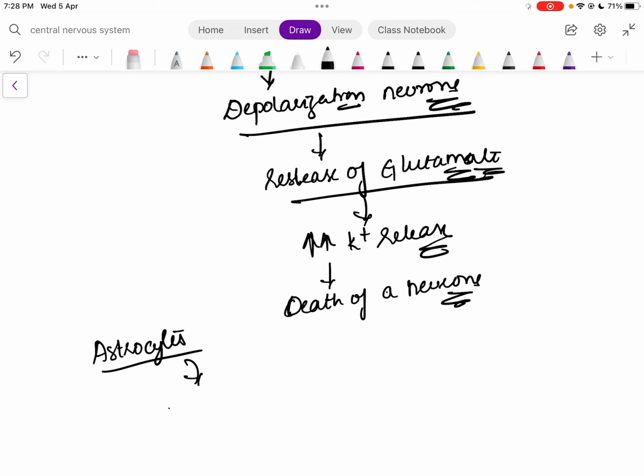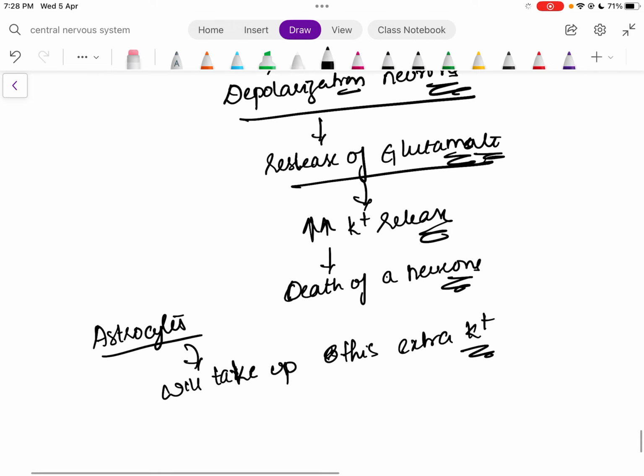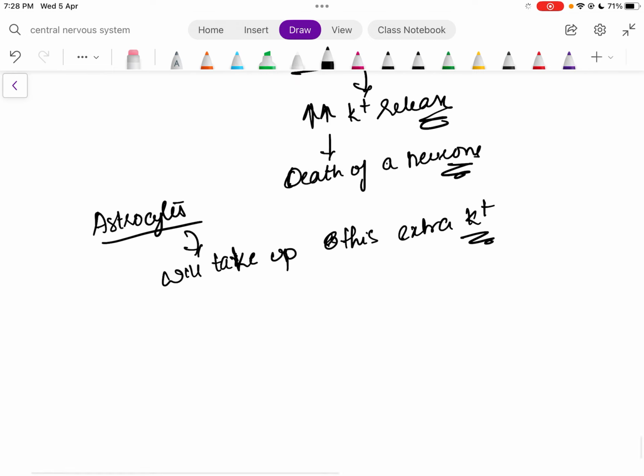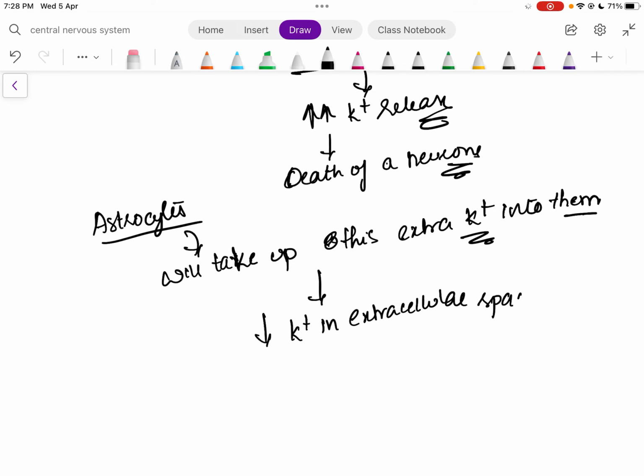These astrocytes will take up this extra potassium into them and decrease potassium in the extracellular space.